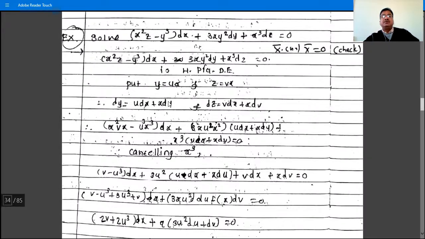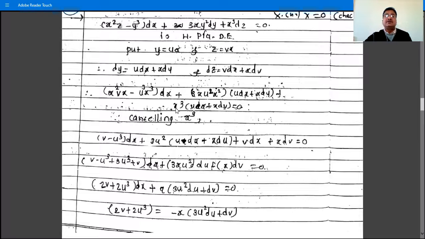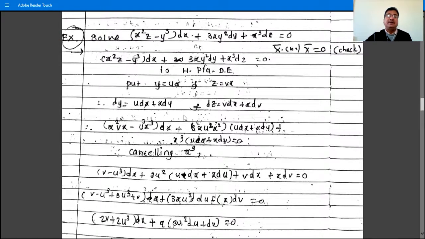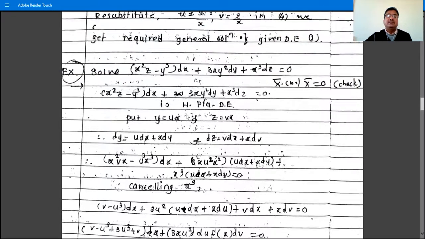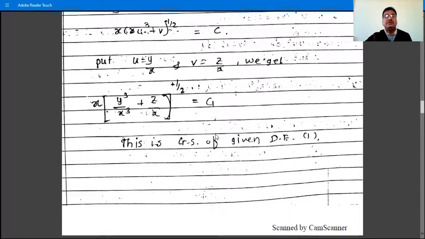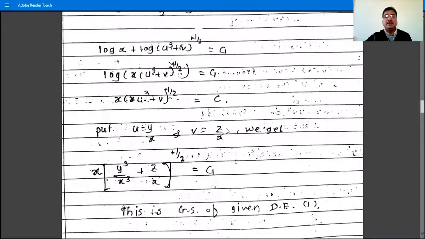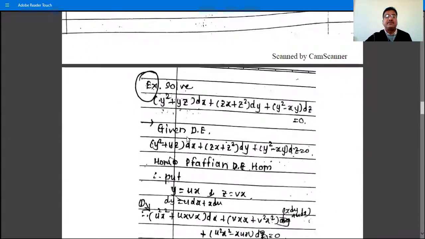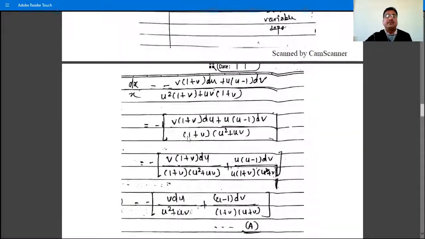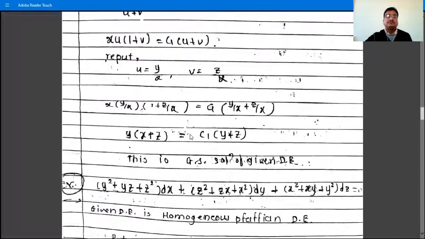These are homogeneous Pfaffian differential equations. If you identify a homogeneous Pfaffian differential equation, then first check in every example that x bar dot curl x bar is 0, and then solve it. That is, substitute y as ux and z as vx, and then solve. So these are some problems of Pfaffian differential equations.